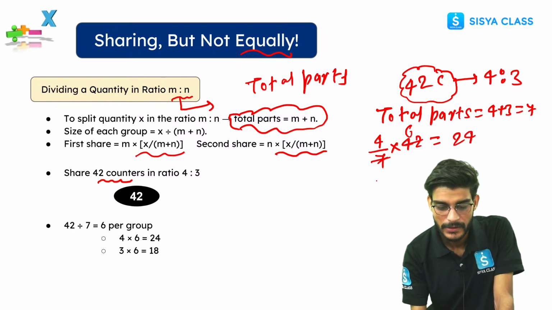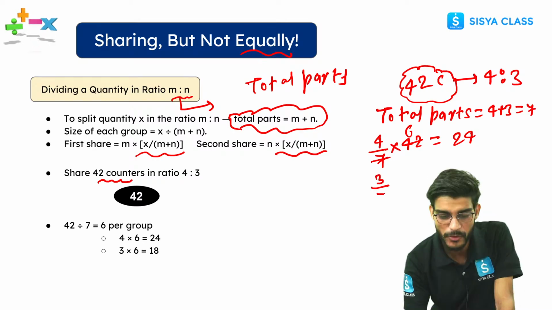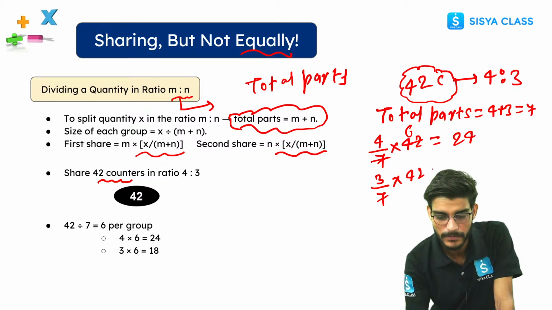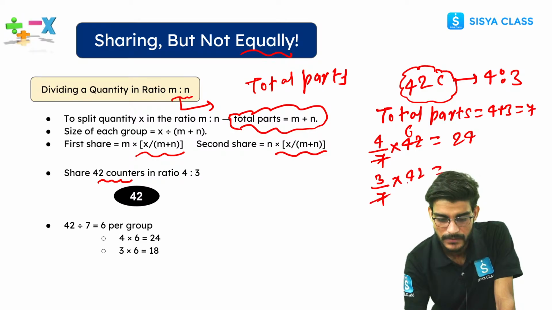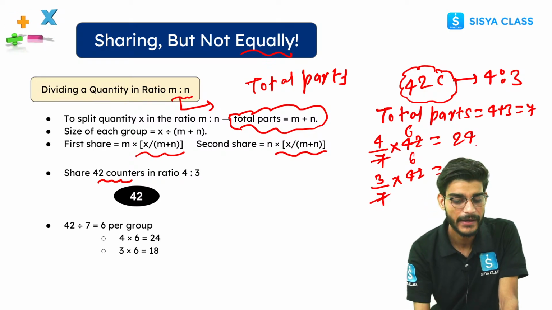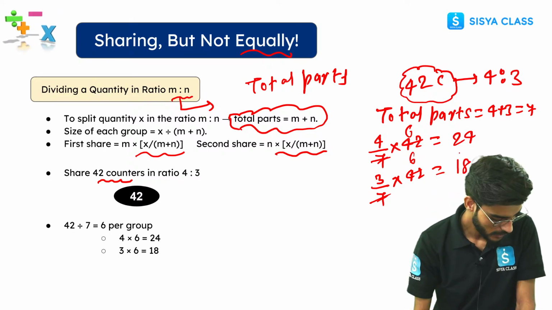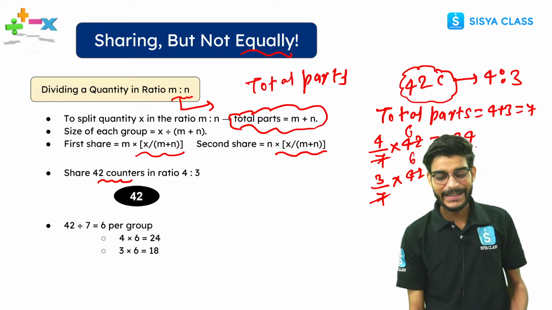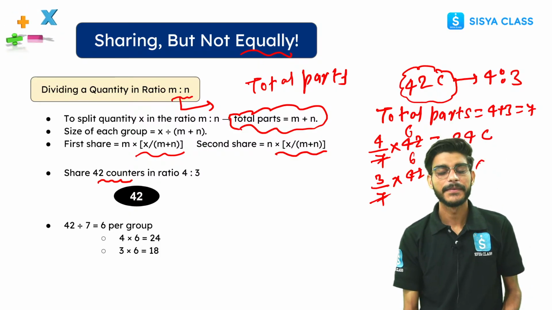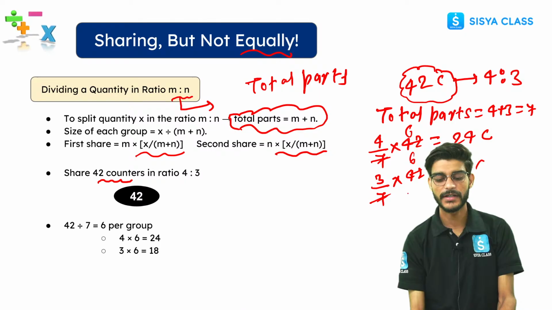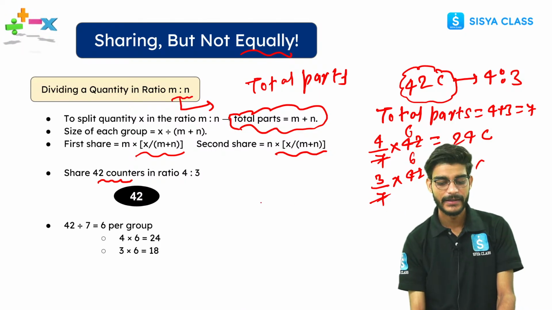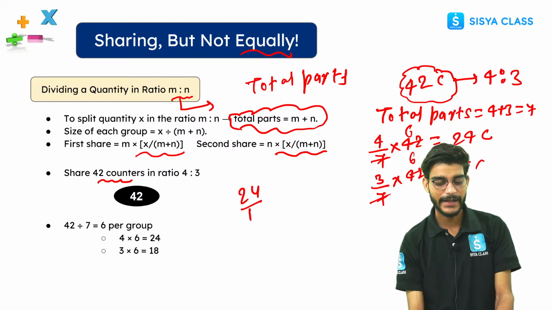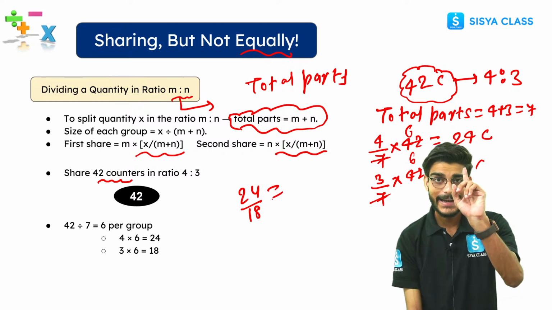Now we have to share the 3 part as well, 4:3, right? So 3/7 into 42. So this is 6 into 3, that is 18. So I have to give 24 and 18 counters separately. Basically, if you divide 24 by 18, you should get 4:3.